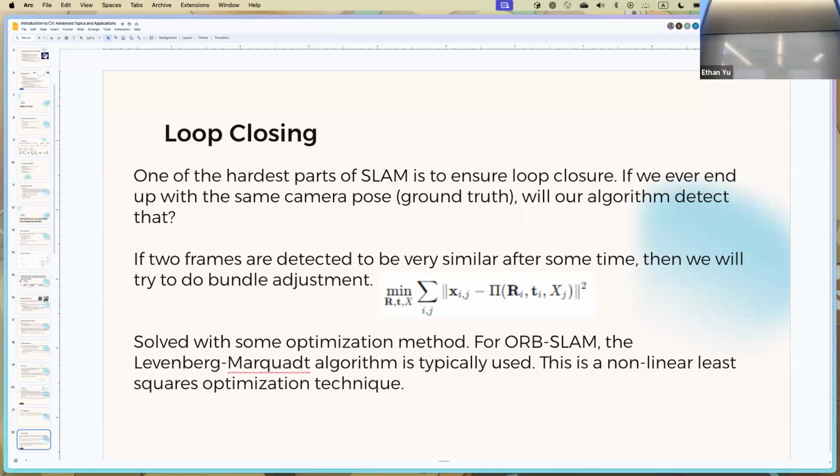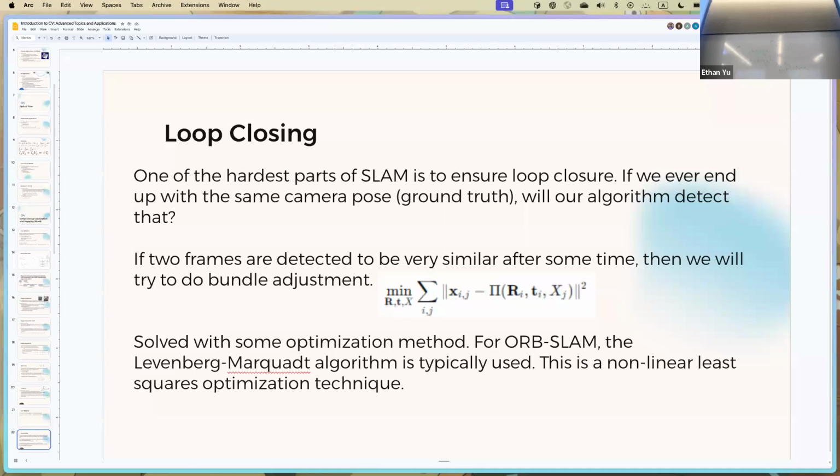X_j, sorry, X_j should be feature j within the two frames that we are matching that tells us that we're in the same position. And then X_ij is the location of the j feature in the i frame.